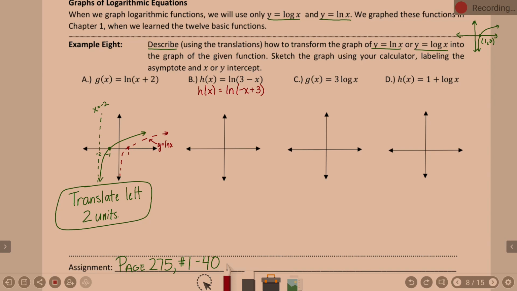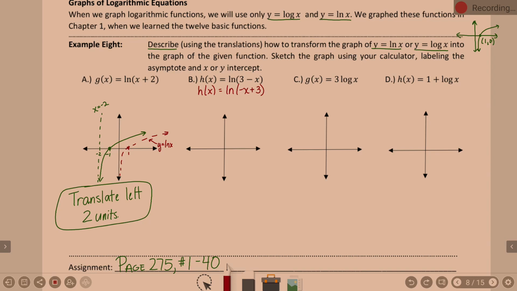I think it is good to look at it like Logan suggested, as -x plus 3. The plus 3 in the parentheses is a left 3. This negative is a reflection across the y-axis.